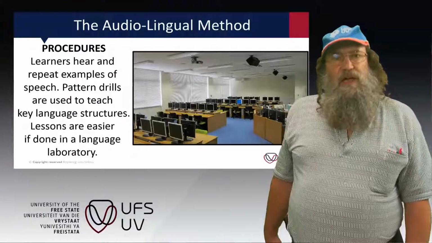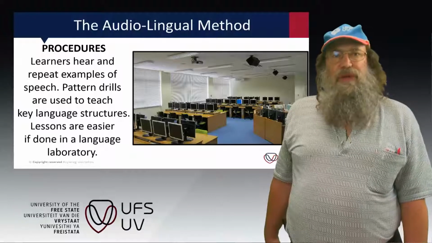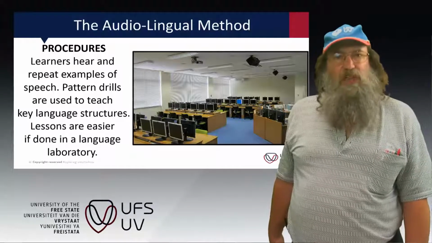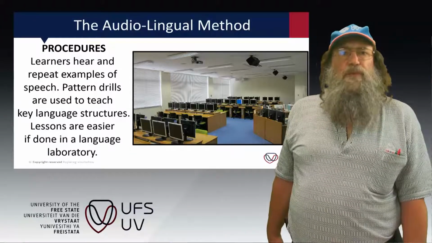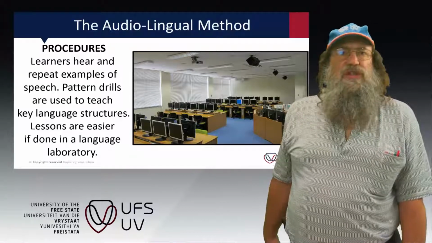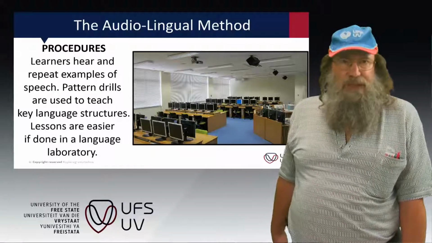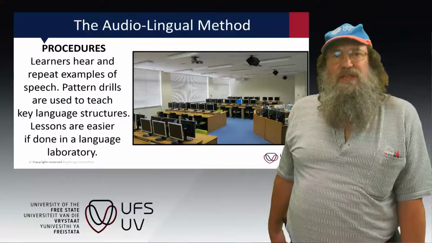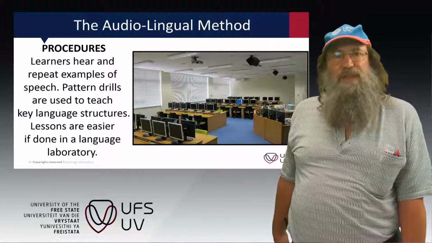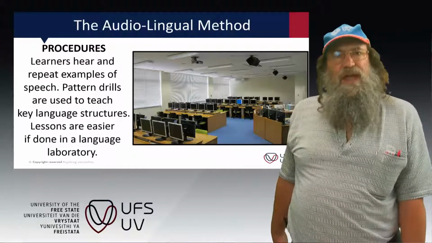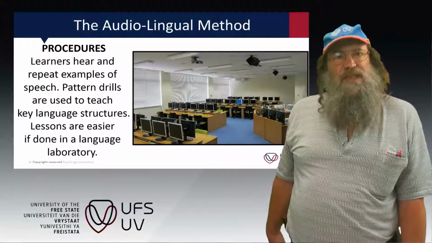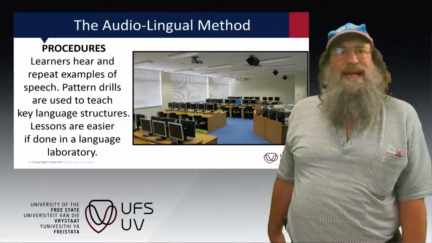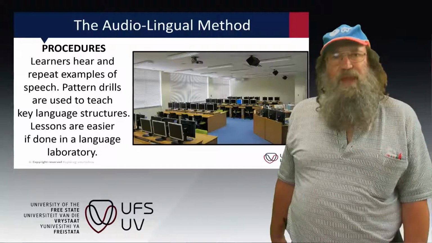The ideal classroom for the audio-lingual method is a language laboratory, which is equipped with booths linked to the teacher's central control point. This makes it easier for the learners to listen to recordings of adapted speech, such as dialogues, and for the teacher to listen individually to the learners as they practice speaking.